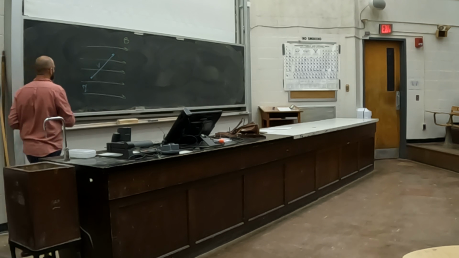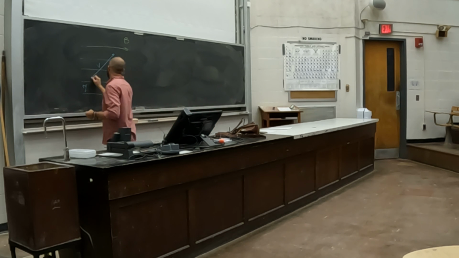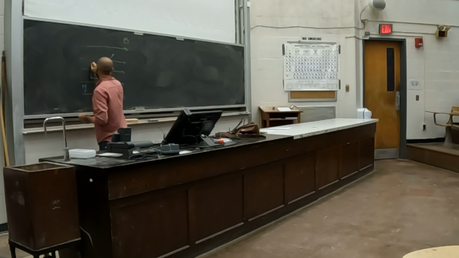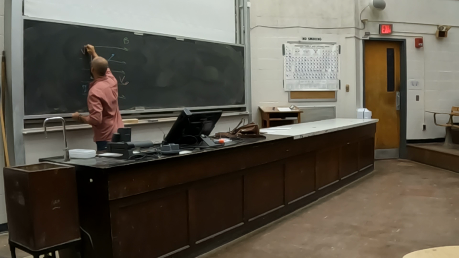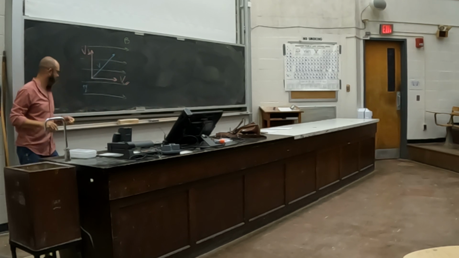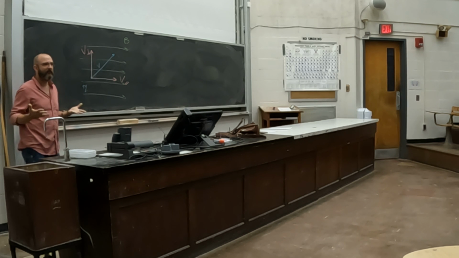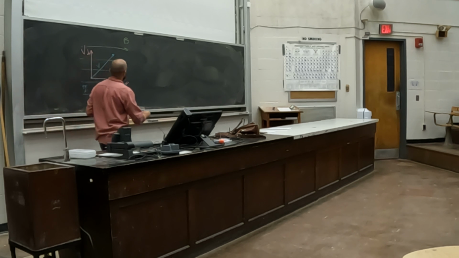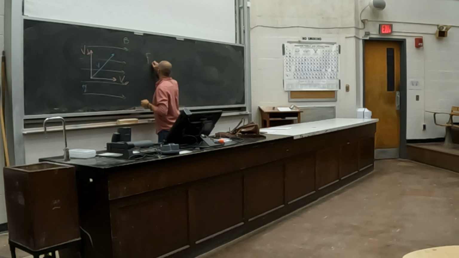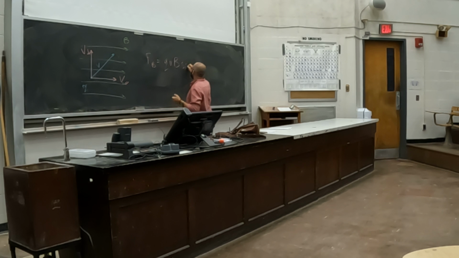So let me peel off some components here. Here is the parallel component. Here is the perpendicular component. We'll call this V parallel. We'll call this V perpendicular. QVB then is going to be just Q V perpendicular B. Magnetic force by magnitude is QVB sine of theta.